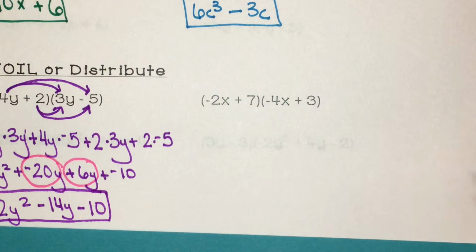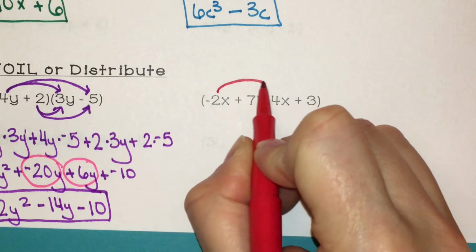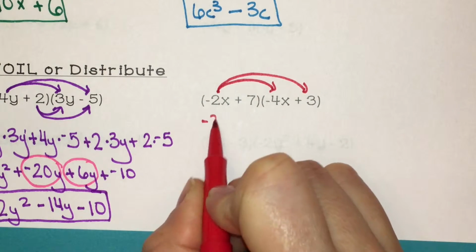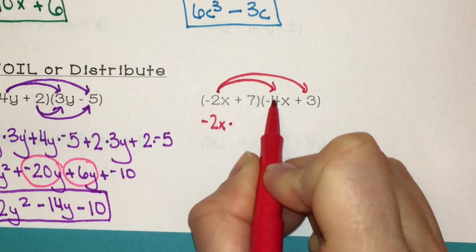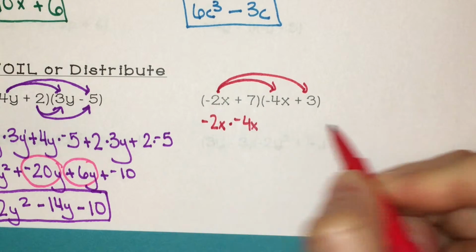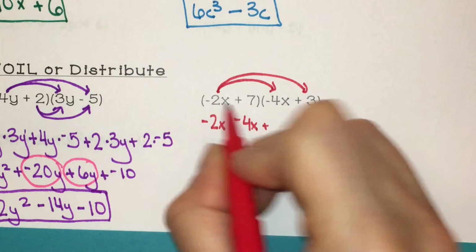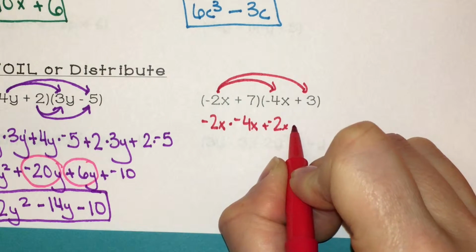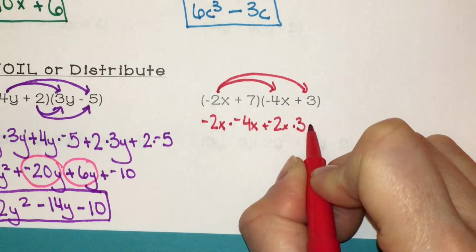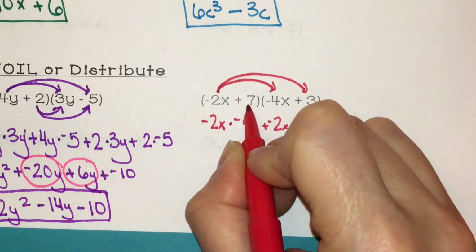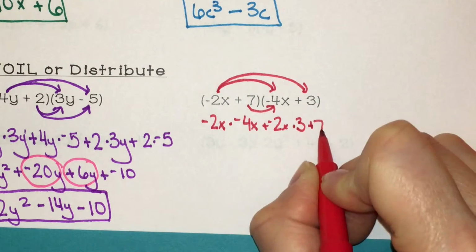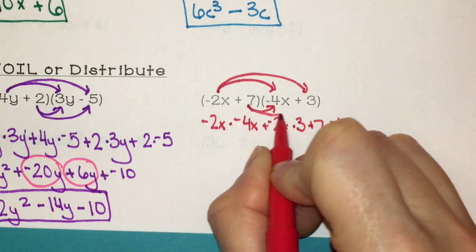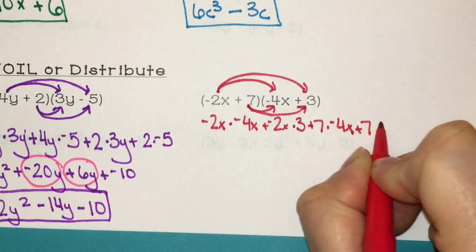I'm going to start by distributing that first term. So we have negative 2x times negative 4x plus negative 2x times positive 3, plus, now I have to distribute that second term, 7 times negative 4x plus 7 times 3.